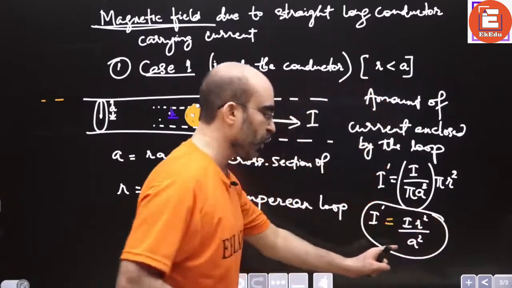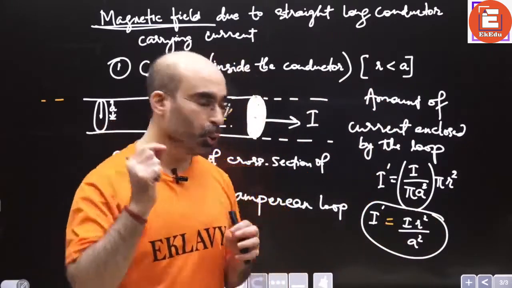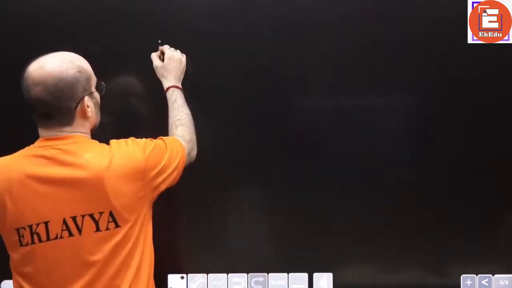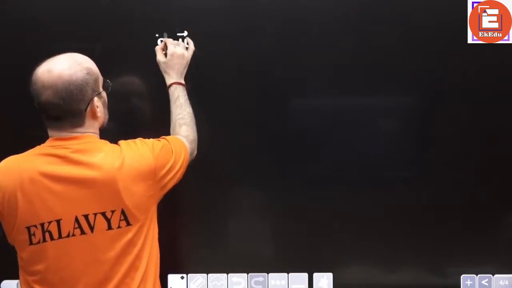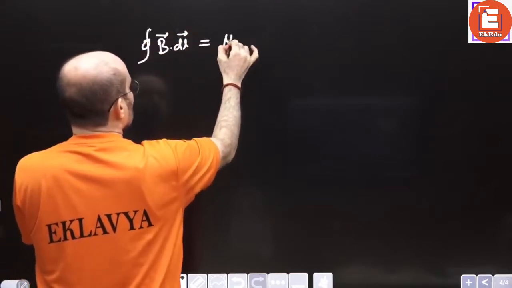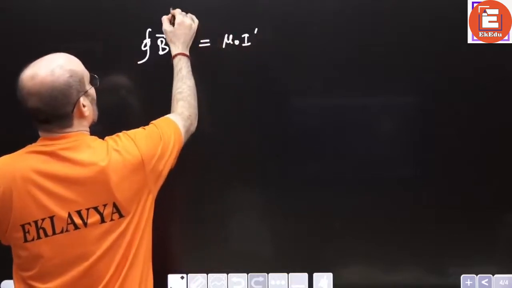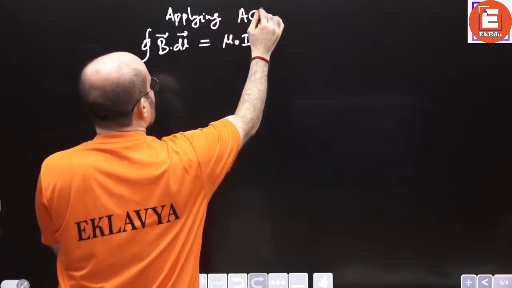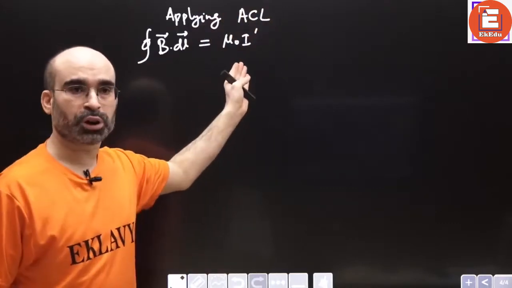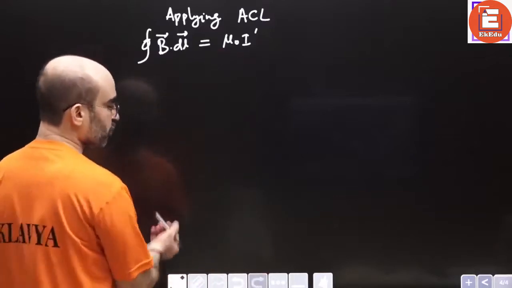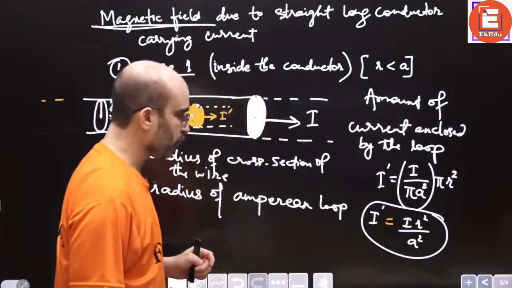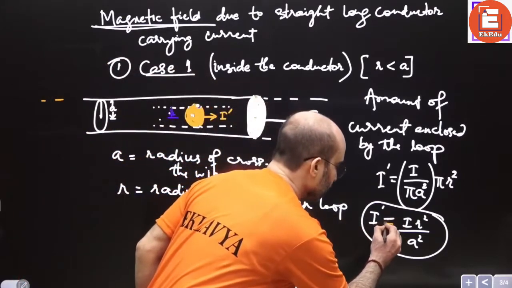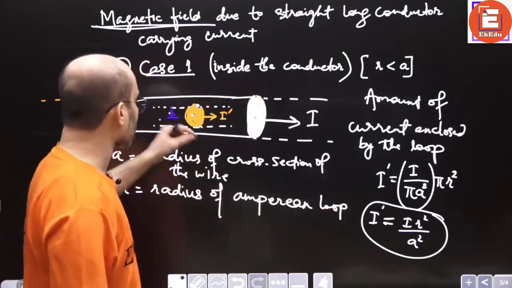Why is this one so important? Because we need to use this concept. Now let us take the magnetic loop. Applying Ampere's circuital law, B dot dl equals mu naught into I dash. This is the current enclosed by this loop.